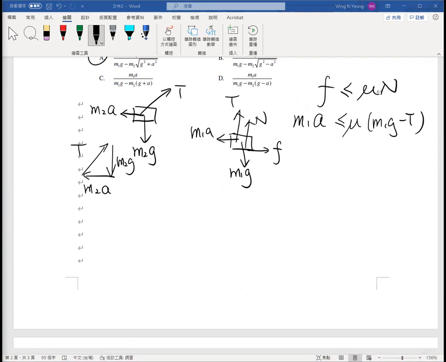But sadly, okay, there's not much question that is quite similar. But let me also send you this question, then you try to do it after the lesson.